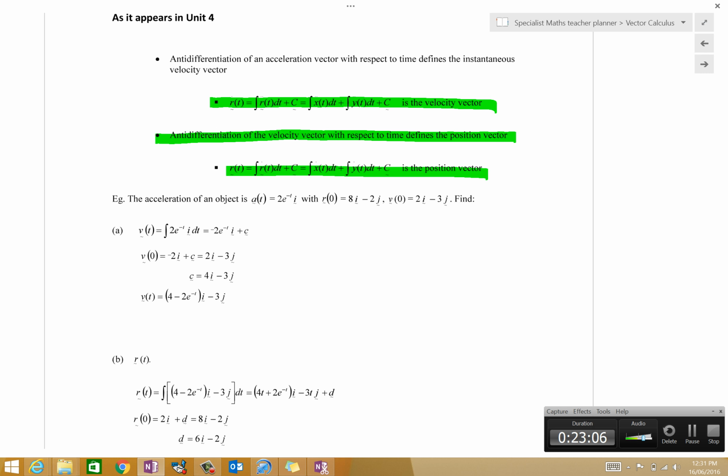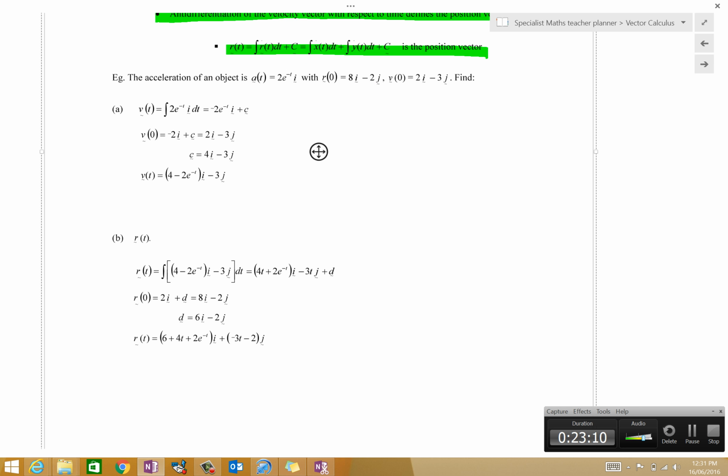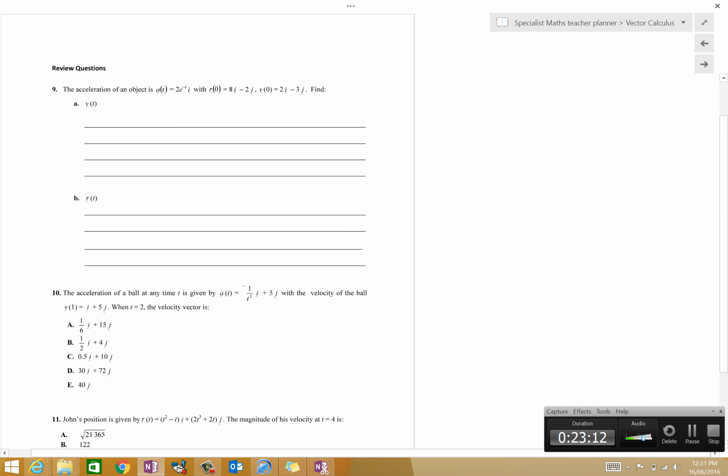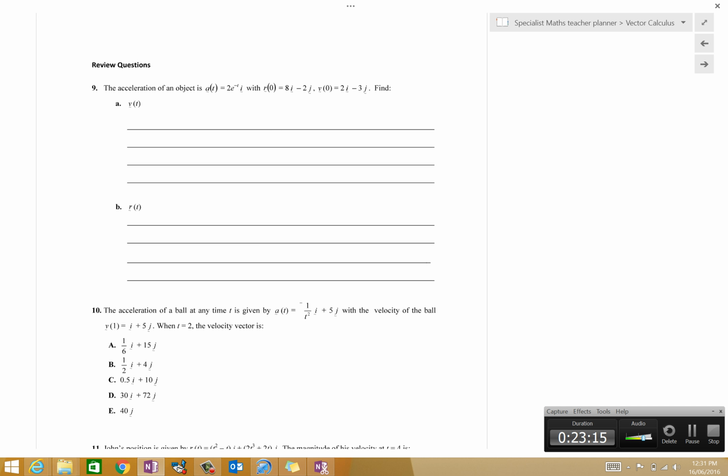Now, it has an example here, so you can work your way through that. But let's have a look at just what we've got here. It says the acceleration of an object is this thing here, which is just with respect to i. Now, bearing in mind, let's have a look at this initial condition for the velocity.